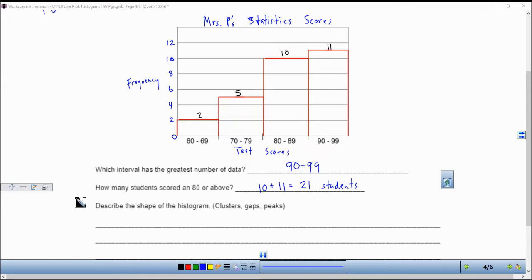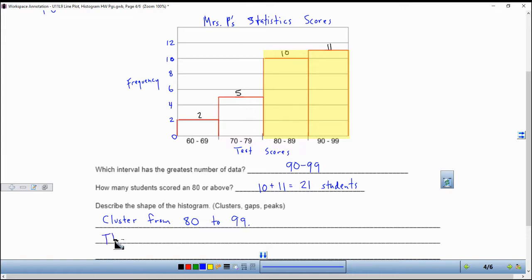All right, let's describe the shape of the histogram. Cluster. All right, so there's a cluster. I would say the cluster is probably these two intervals right here. Okay, there's a lot of data points between 80 and 99. So there's a cluster from 80 to 99. Let's talk about gaps. There are no gaps. There's no space between the data or intervals.